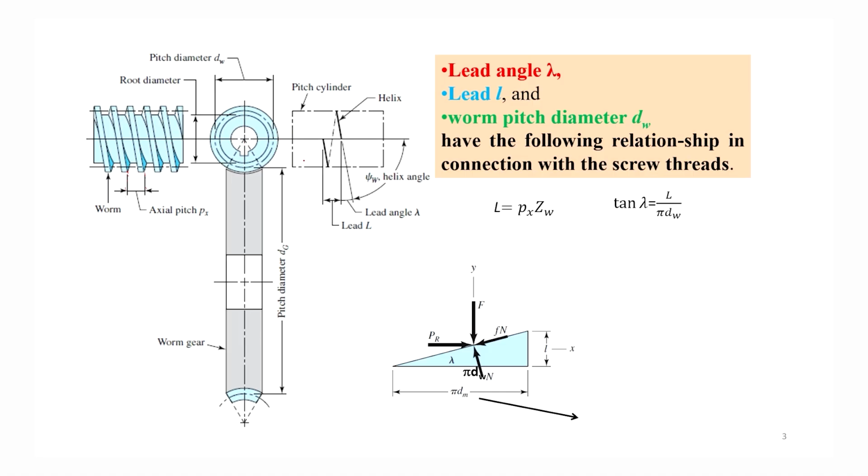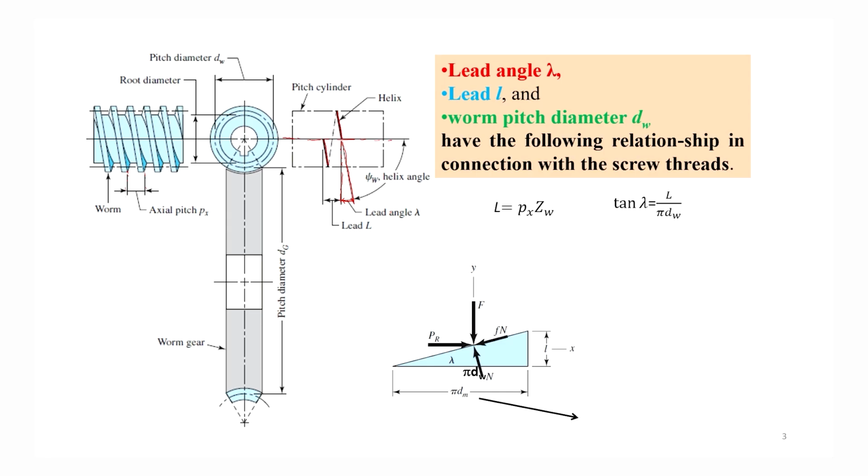This is the pitch cylinder of the worm, and the threads of the worm will be inclined with the axis, and the angle which it makes with the normal to the axis is called the lead angle. This angle is the lead angle.